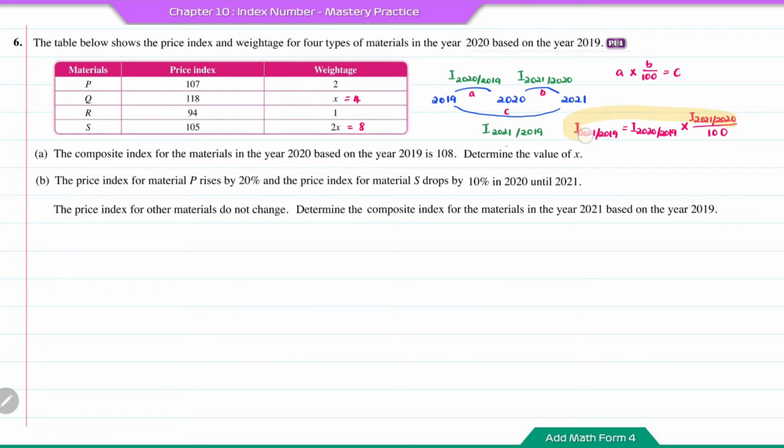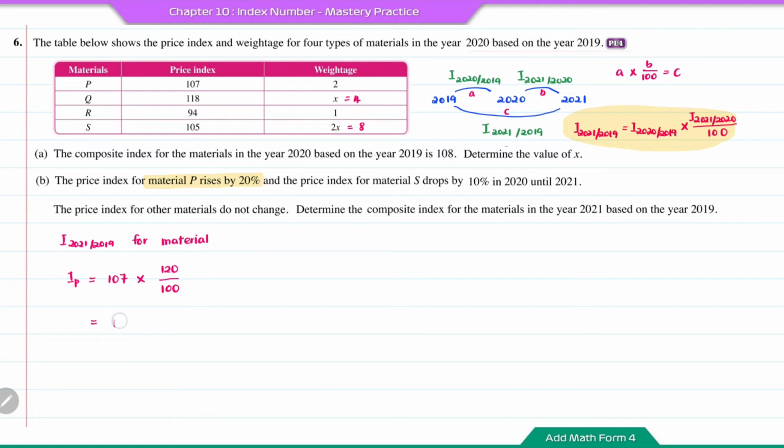So when we take the price index in the year 2020 based on 2019 and multiply it with the price index in the year 2021 based on 2020 over 100, then we can find the price index in the year 2021 based on the year 2019. So to find the price index for material P, it will be 107 times, and as material P rises by 20%, it means it will be 120 over 100.